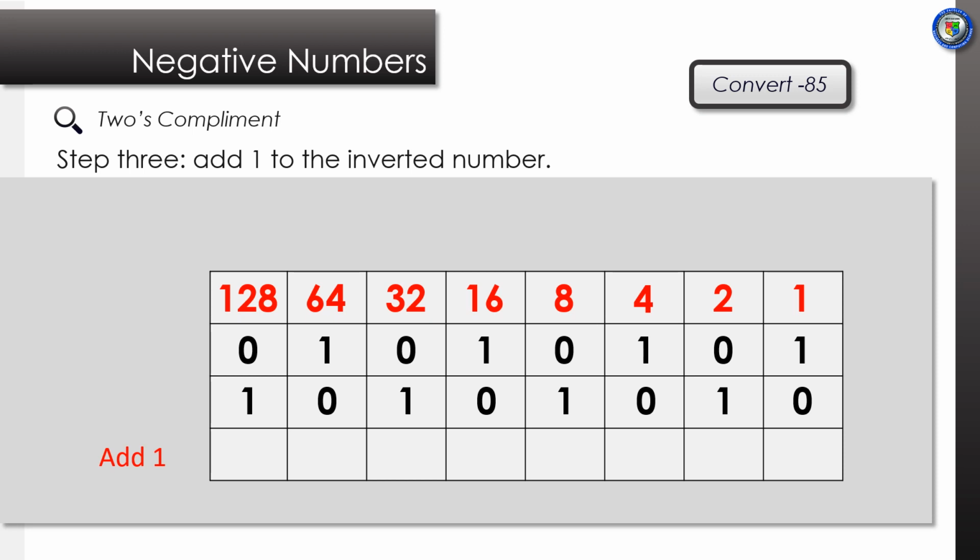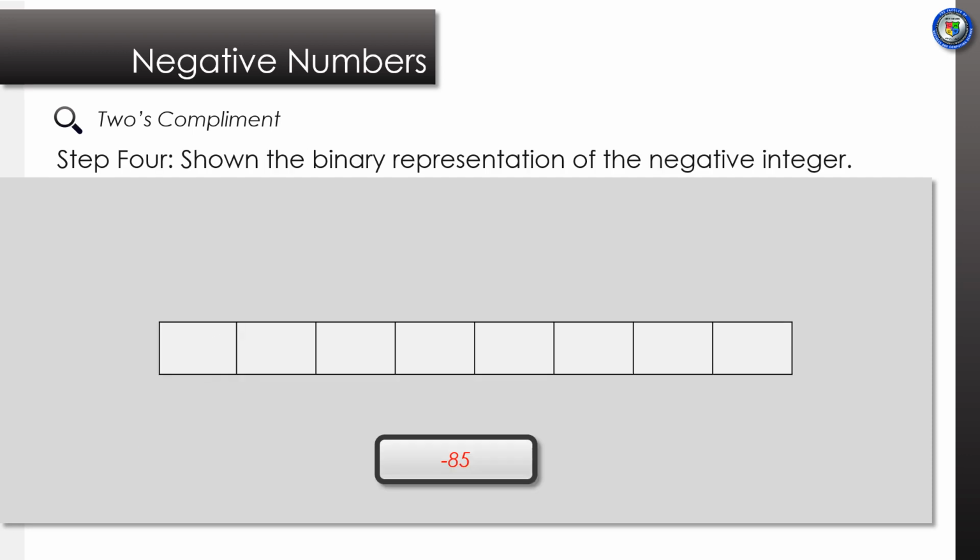In this case, we can add 1 to this heading. We now have the binary representation of the negative number negative 85. This is as follows: 1 0 1 0 1 0 1 1.